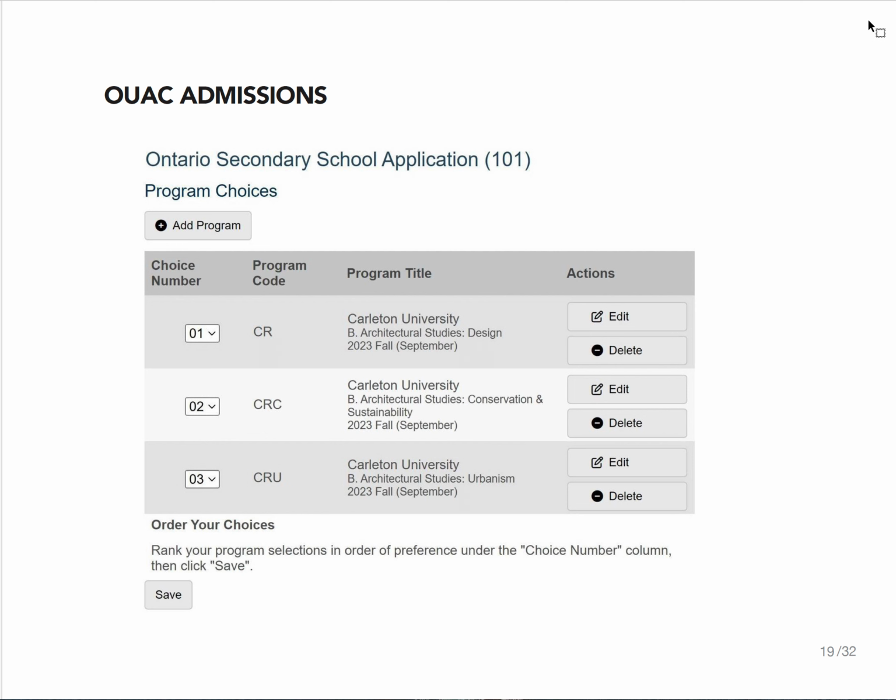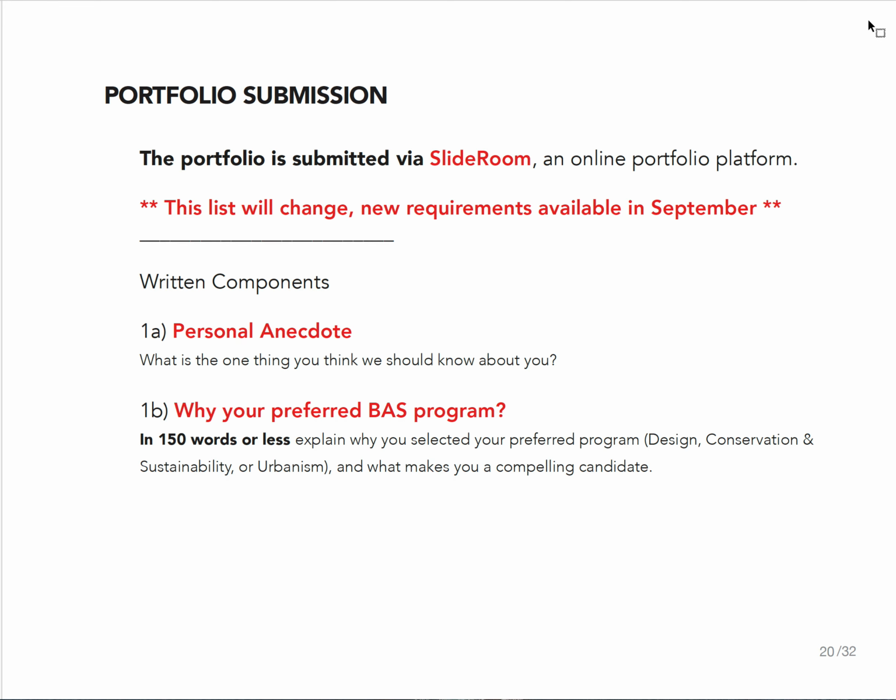So please take this very seriously and read the definitions carefully. And if you don't know what those definitions are, please look at the earlier video. Now, also what's important to note is that you will submit the portfolio through an online platform called SlideRoom.